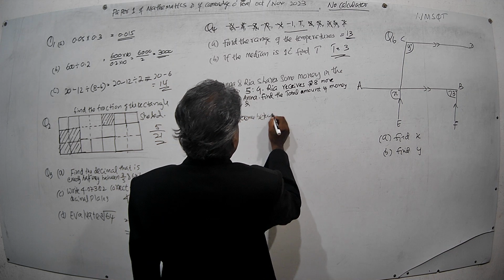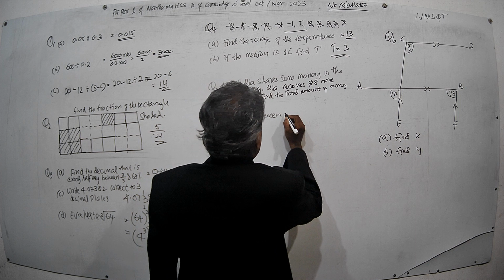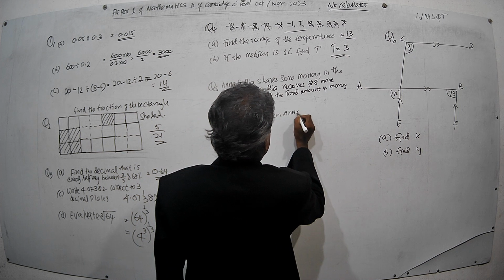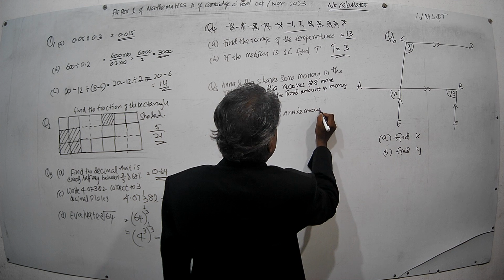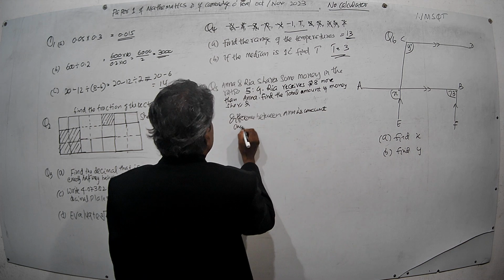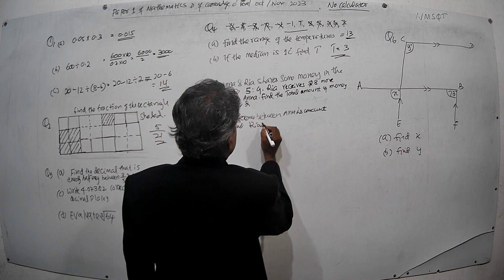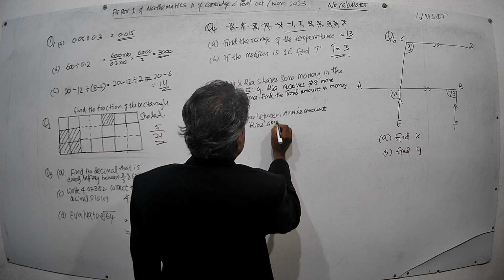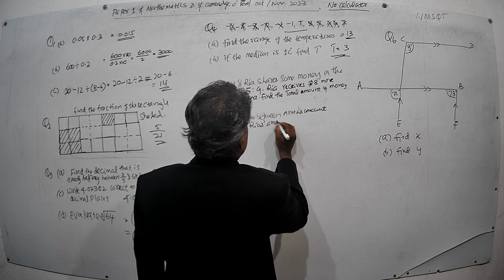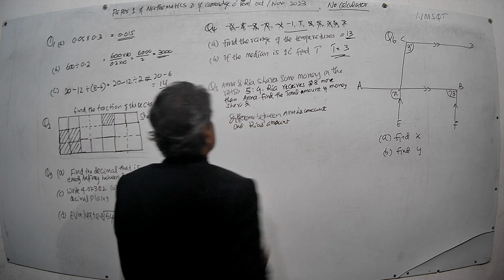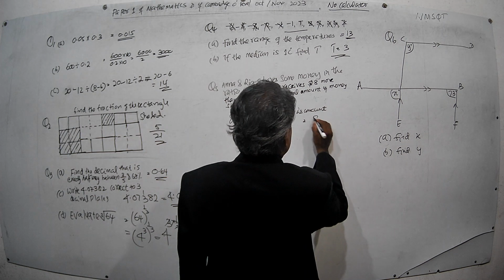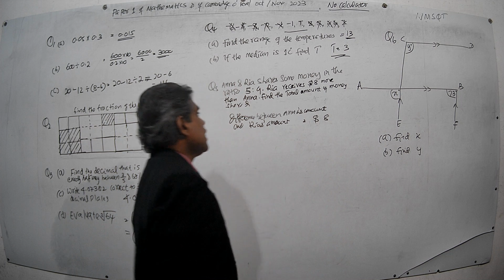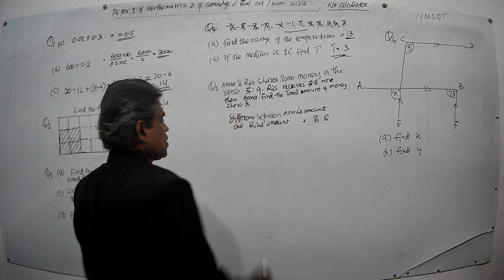The difference between Anna's amount and Ria's amount, what is the difference here? That difference is $8. Then you get the difference between ratio numbers.